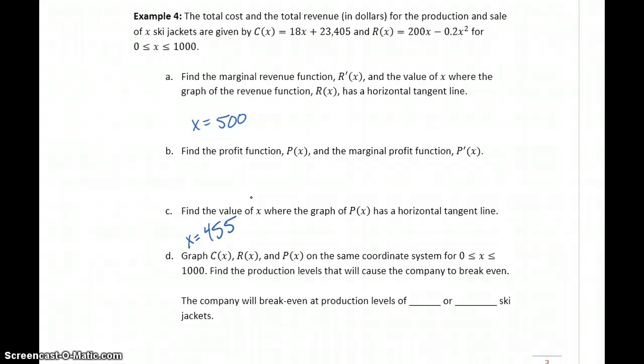So the last thing we want to do for this example is graph the cost, revenue, and profit functions all in the same coordinate system for x between 0 and 1,000, and then we want to find the production levels that will cause the company to break even.